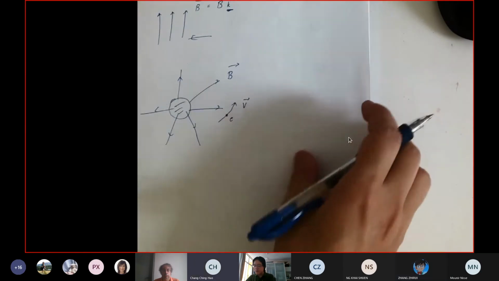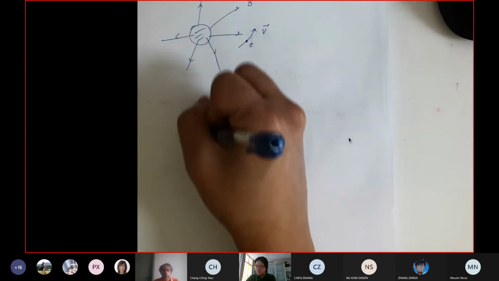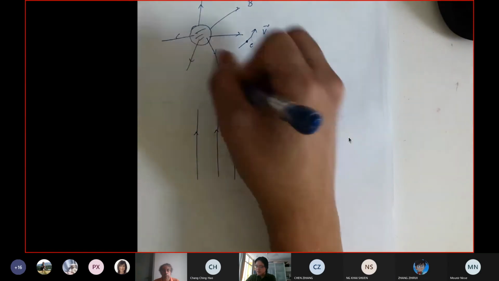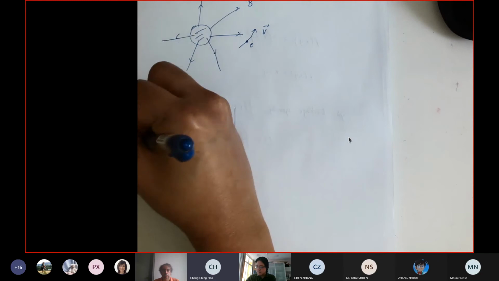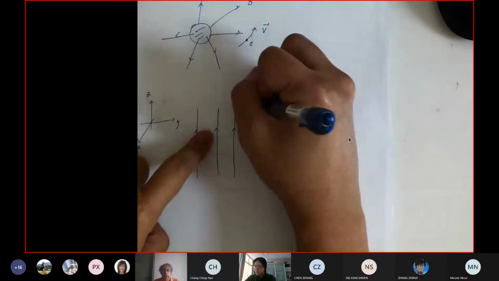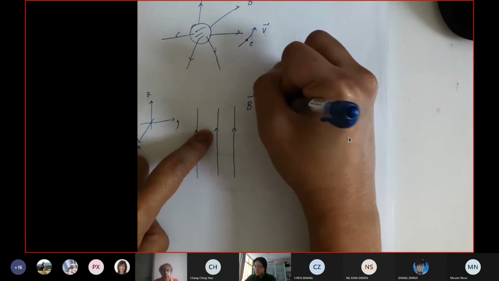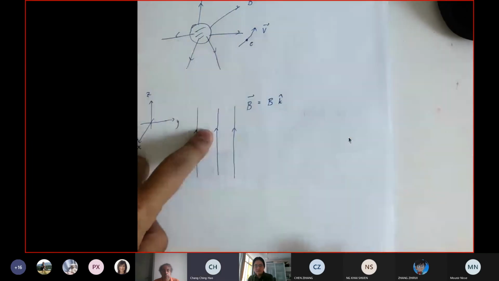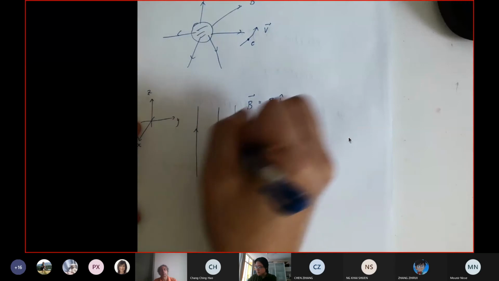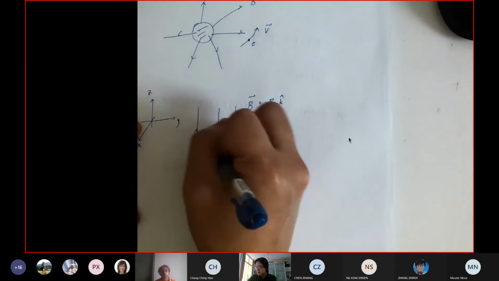So in my Melvin universe, everything is cylindrically symmetric, so the field points in the Z direction. With X, Y, and Z, my magnetic field only has the vertical component. And my charged particle is at Z equal to 0, so it's on a horizontal plane.